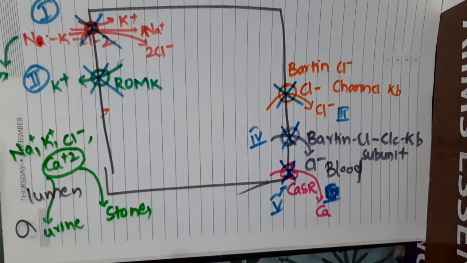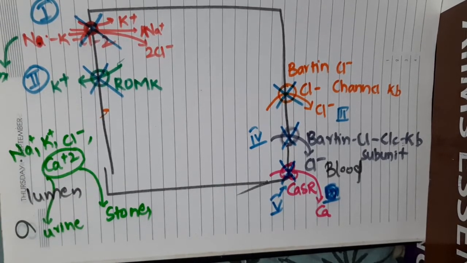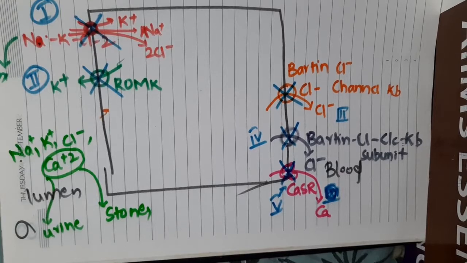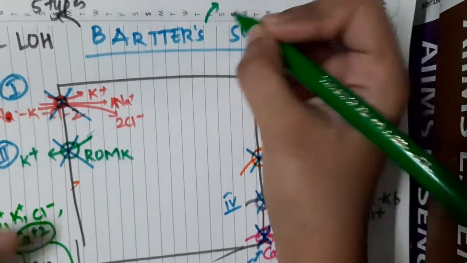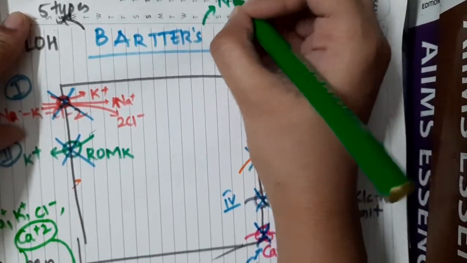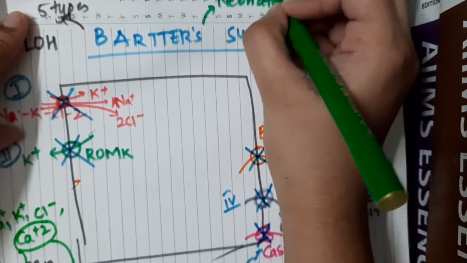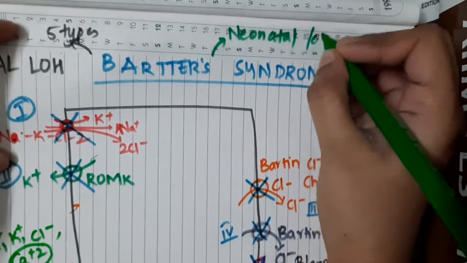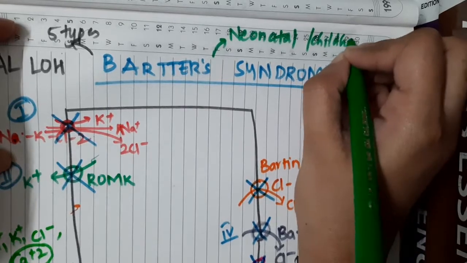Bartter syndrome is a congenital condition. The patient's presentation is mainly in the neonatal period or early childhood.